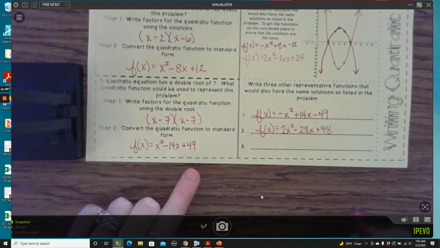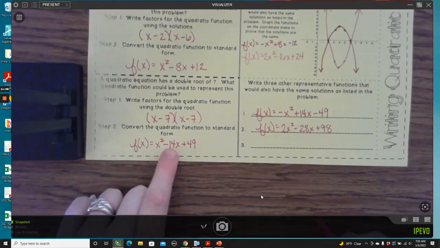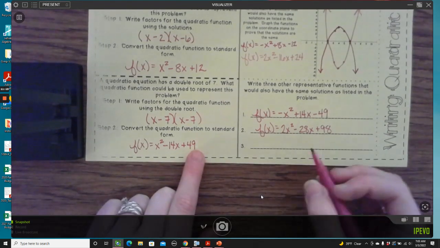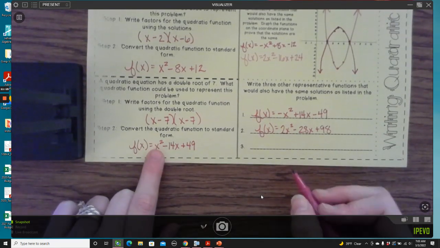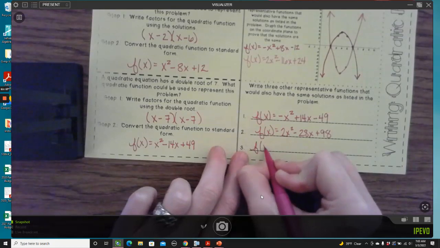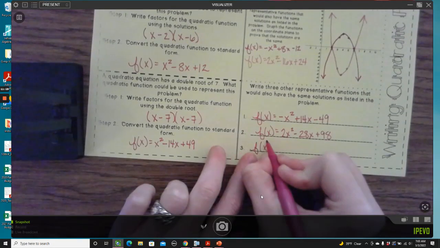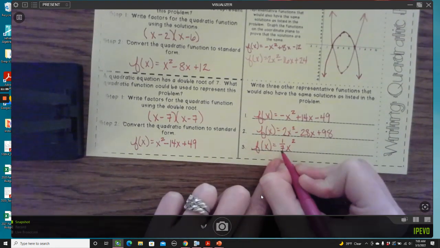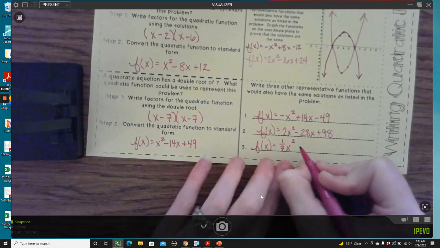So the last thing I'm going to do, I'm going to divide this whole thing by 7, because 14 is a multiple of 7, 49 is a multiple of 7. So if I divide x squared by 7, that would be 1/7 x squared. Or you could put the x on top here, x over 7 squared, same thing.